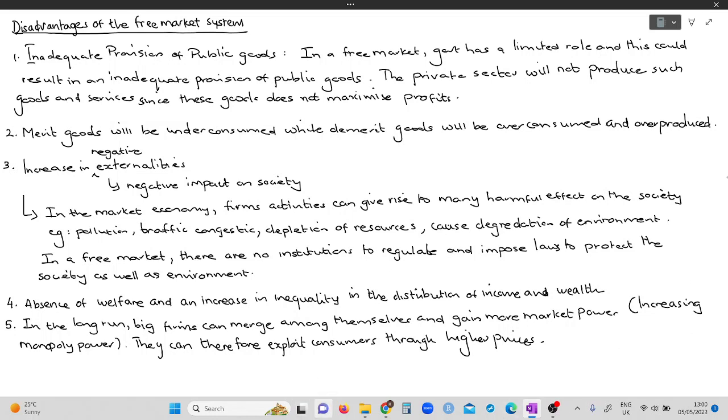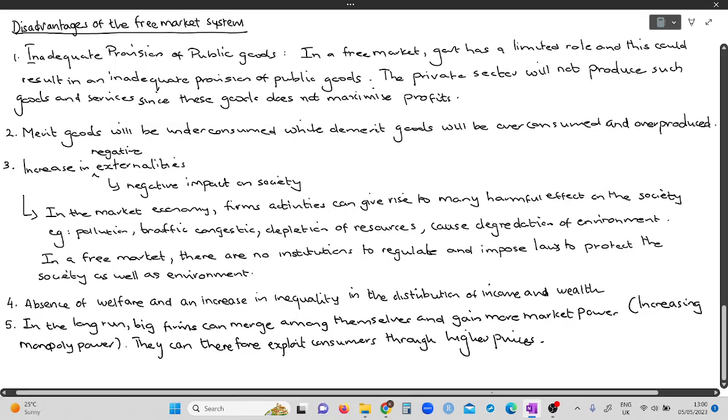Then in a planned economy, we have the government who controls, who intervenes. In the free market, the objective of the private producers is to maximize profit. Mais là, because d'un planned economic system, here the objective of the government is to maximize social welfare. D'accord?